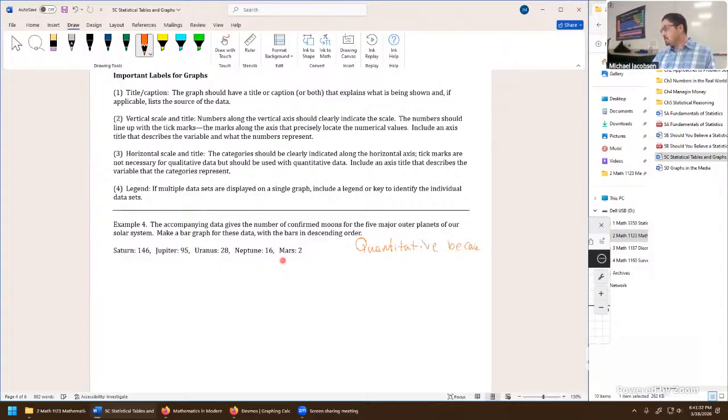Because these are counts. They're not measurements like we saw in the example 2 for quantitative, but this is our first set of quantitative data that are just bona fide counts. 4 different planets altogether.